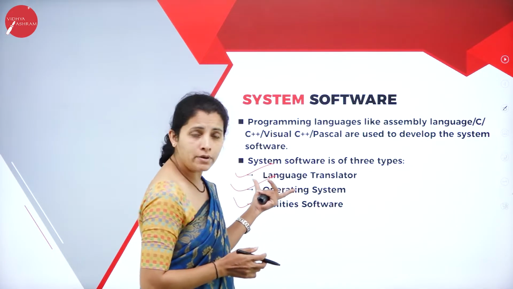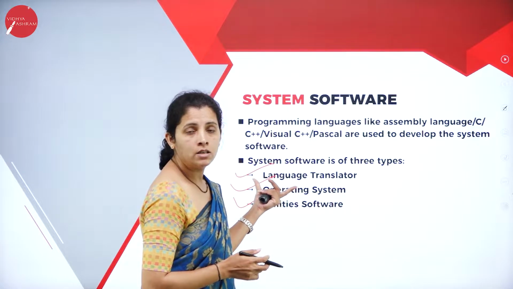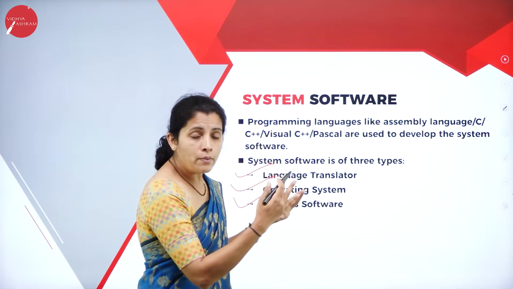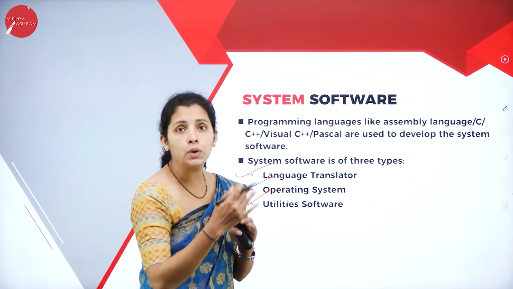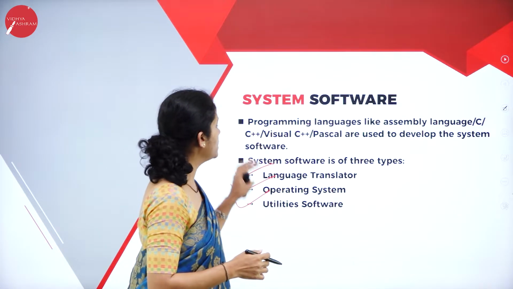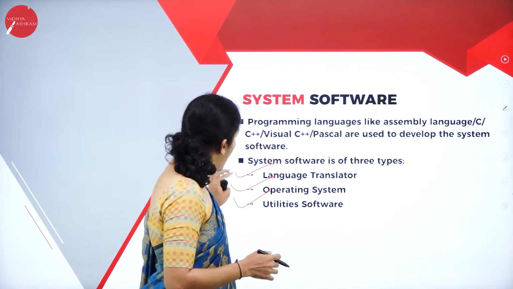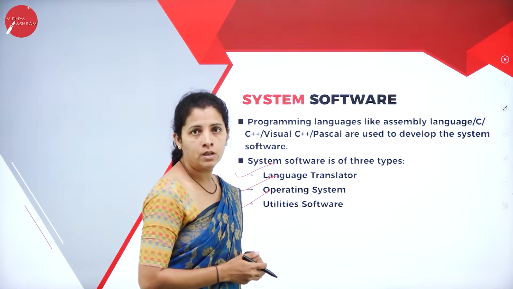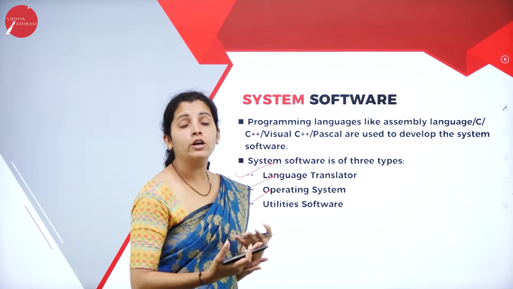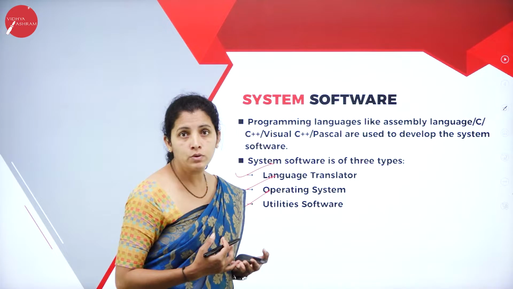So what is a language translator here? To translate from one language to another language, I require a translator. And operating system. Without an operating system, I cannot interact with the computer system.